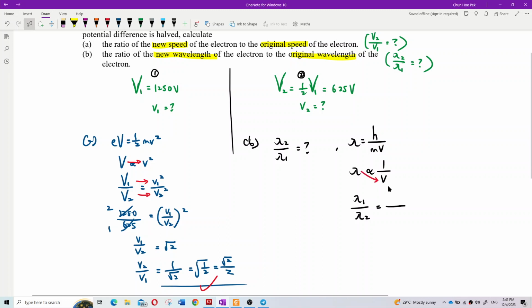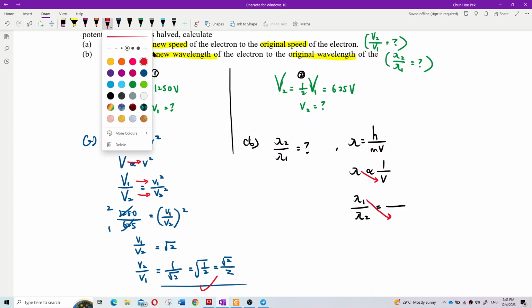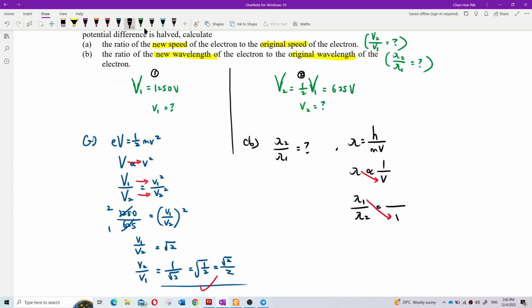So lambda 1 at the top, velocity v1 at the bottom. Now lambda 2 at the bottom, then velocity v2 at the top. Understand? So you have the answer: lambda 1 over lambda 2 is v2 over v1, which is root 1 over 2.